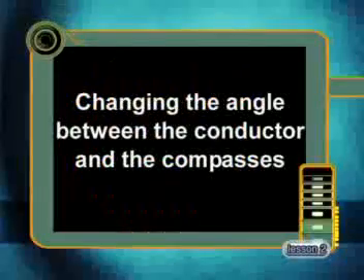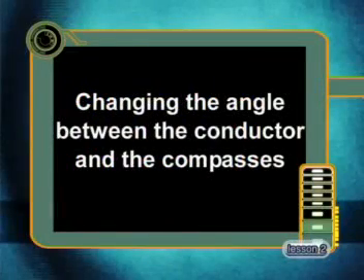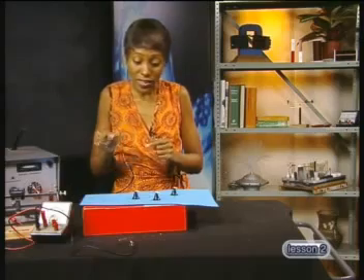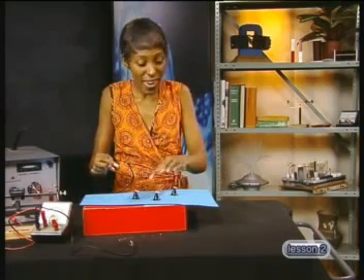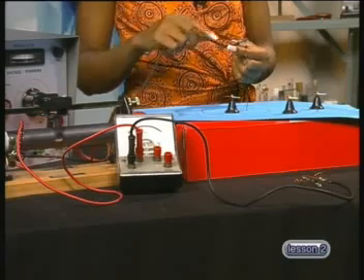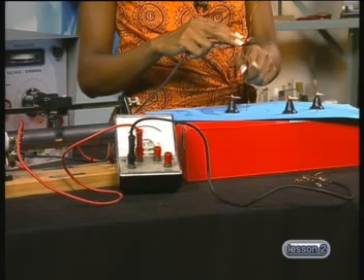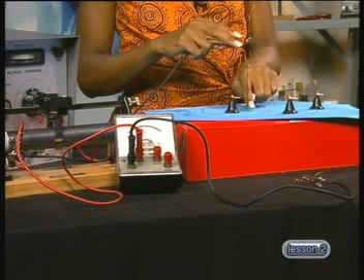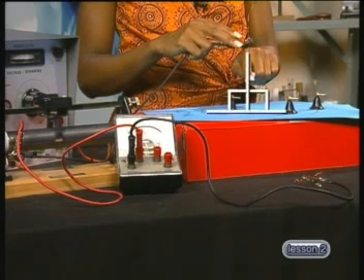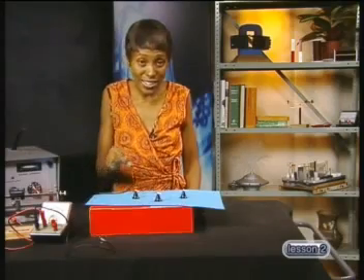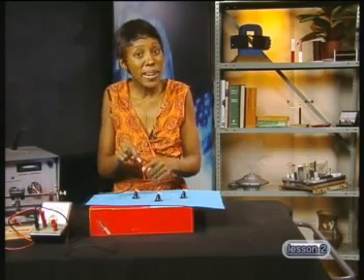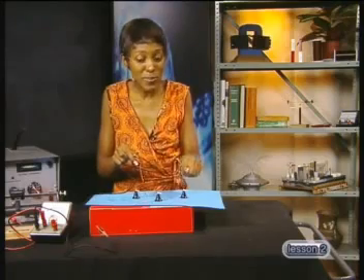Now there is one more factor I want us to investigate. I'm going to change the angle between the current carrying conductor and the compasses. In the previous experiments, this angle was always 90 degrees. Now I'm going to place the conductor in the same plane as the compasses.